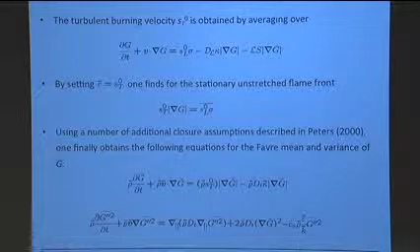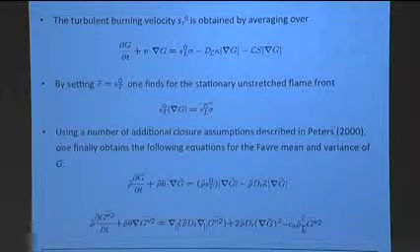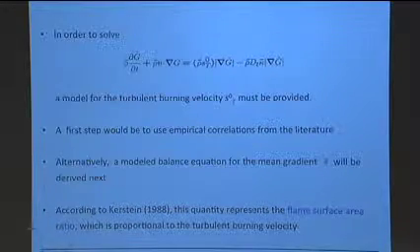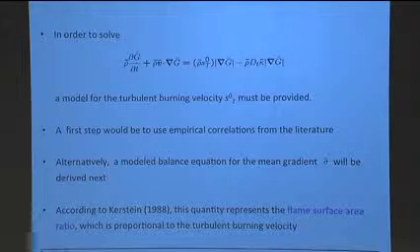Except that this diffusion, what looks like a diffusion term, is a little special. Okay, so the only thing we still need to model then is this turbulent burning velocity.